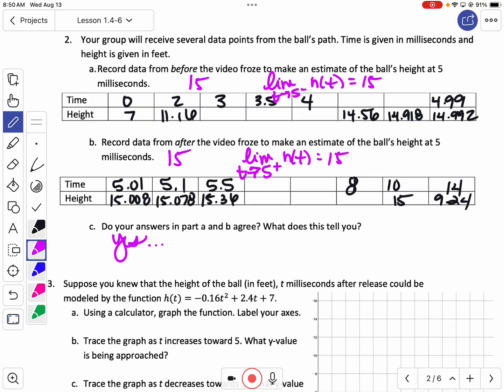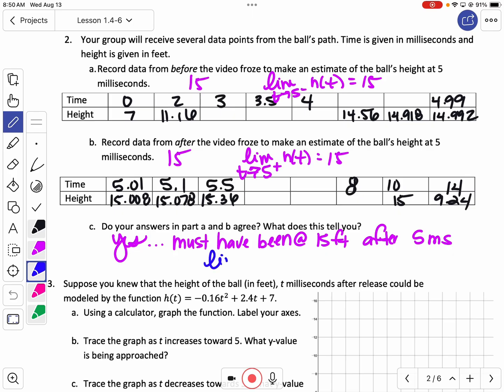Okay, because this is a limit, we're getting closer and closer to a certain t value. We can say that it must have been at 15 feet after 5 milliseconds. Okay. And so if we're using limit notation, because it's true from both sides, as t approaches 5 of h of t, it would equal 15.